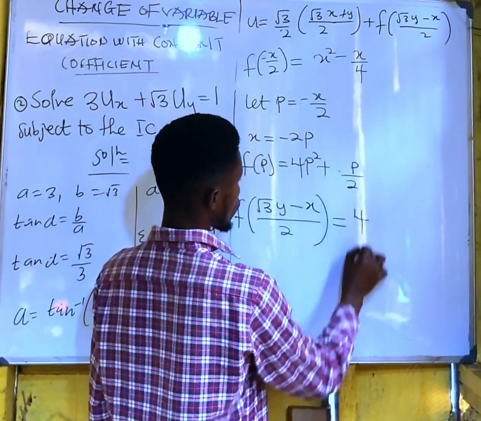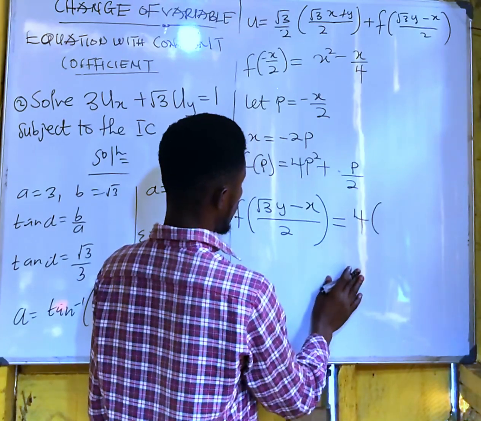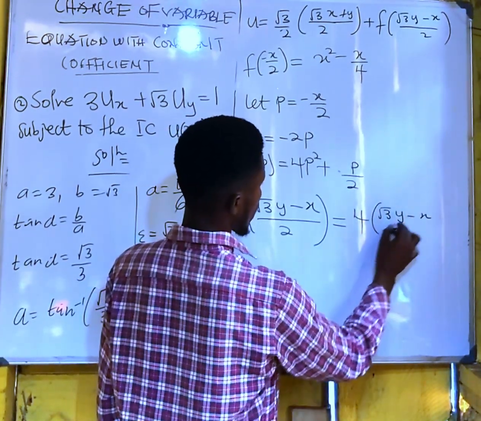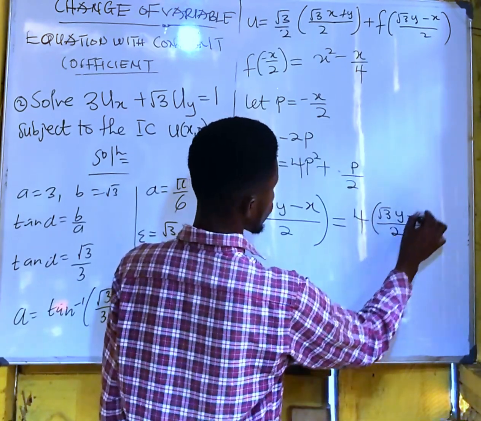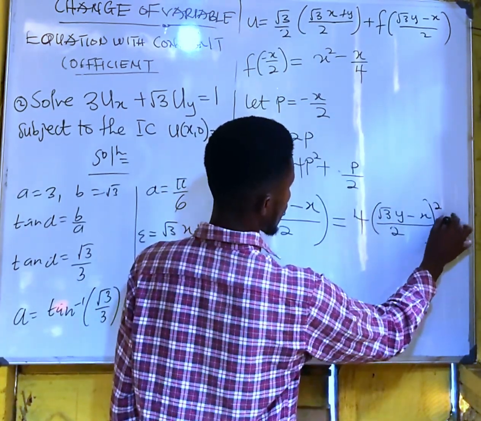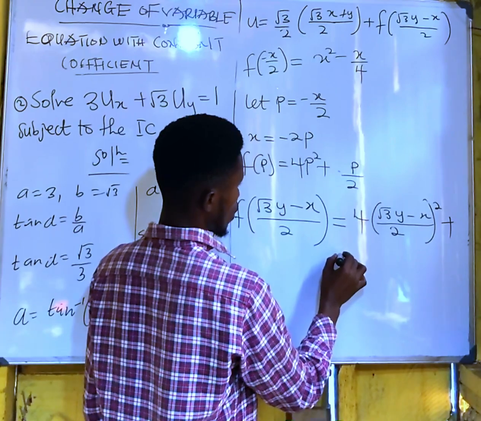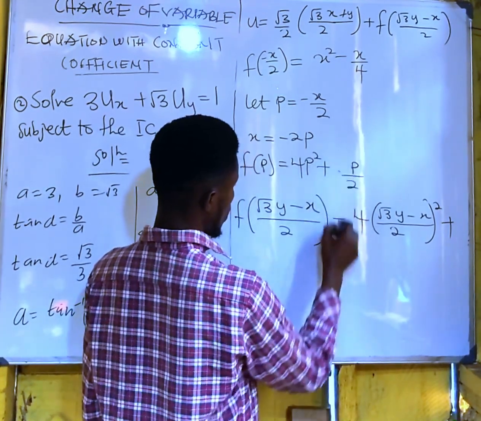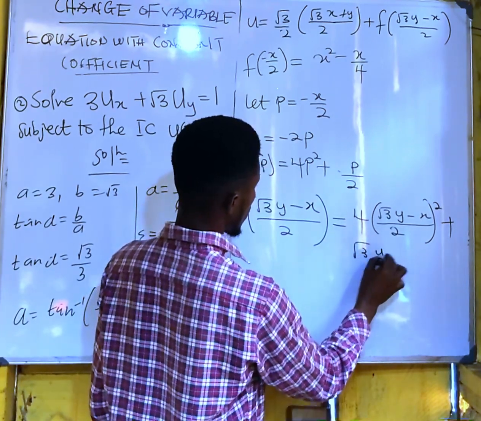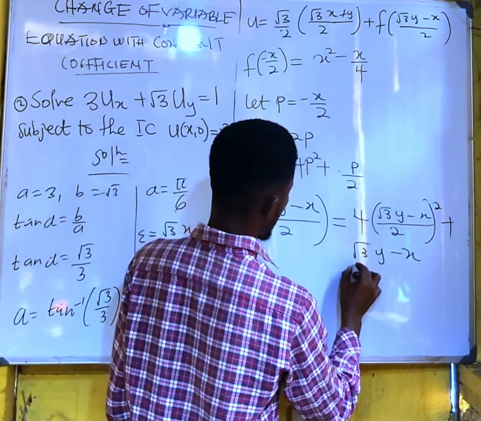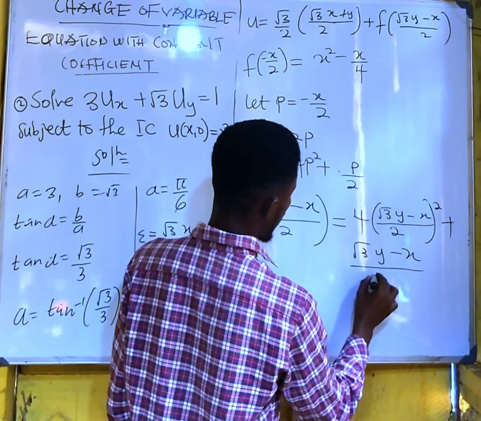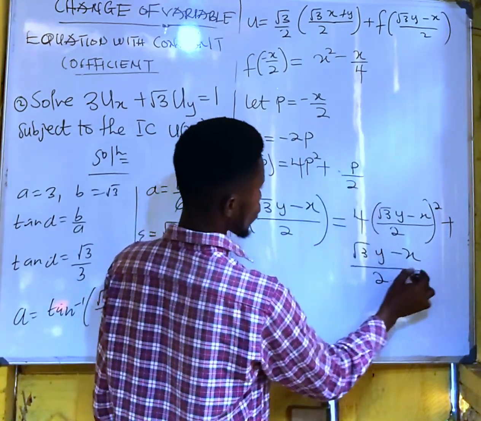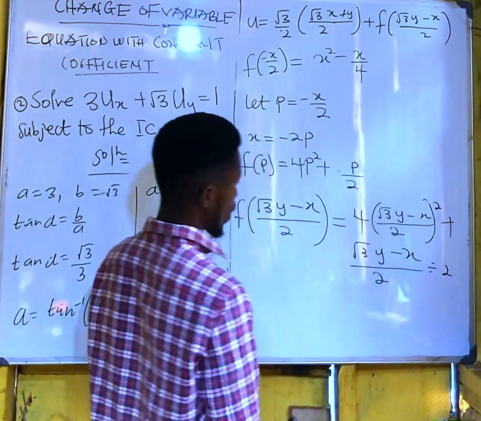So this place becomes 4 bracket open root of 3y minus x all divided by 2 squared, plus, so this p will be root of 3y minus x all divided by 2. And remember, the p here too is divided by 2, so divided by 2 like this.